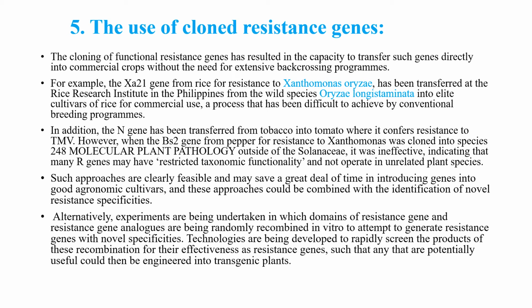Such an approach is clearly flexible and can save a great deal of time in introducing genes into good agronomic cultivars, and the approaches could be combined with the identification of novel resistance specificities.